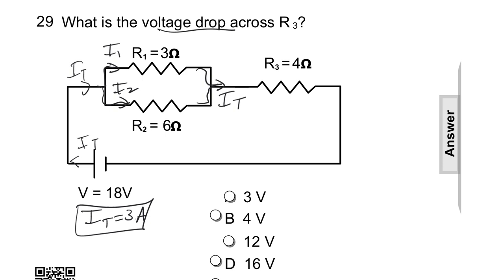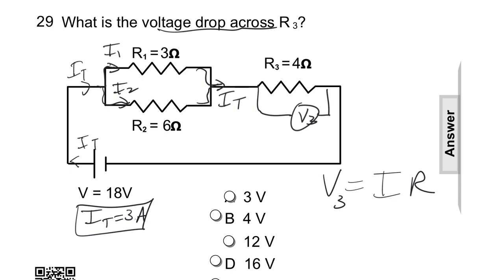So we're trying to find voltage drop across R3. So V3, use Ohm's law. Okay, so V3 is what I'm looking for. I3 is IT for reasons I just told you.